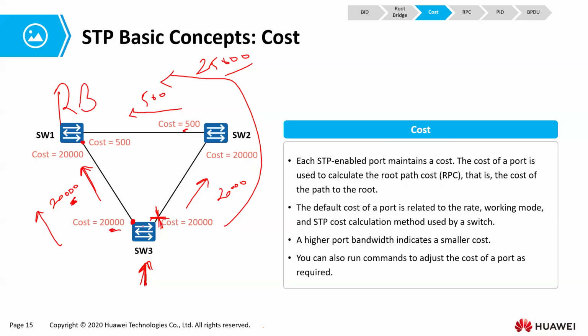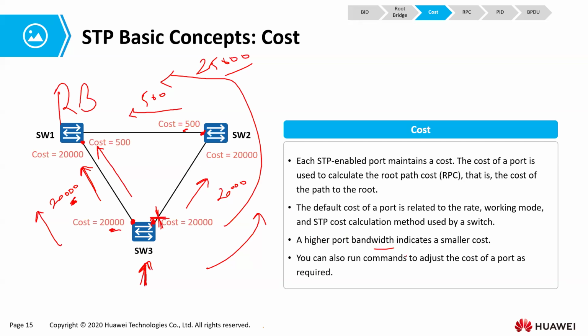That's the port cost. Then the RPC is also 20,000 because it just cost me 20,000 to get here. But the RPC in this direction is 20,000 plus another 500. Is that 25,000? No, that's 20,500. But it is what it is.